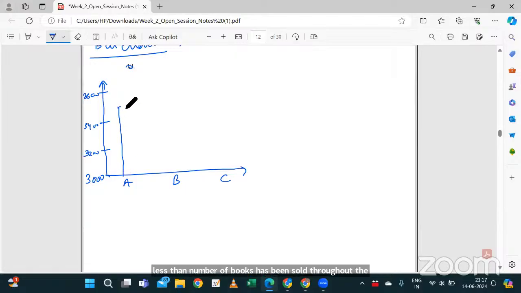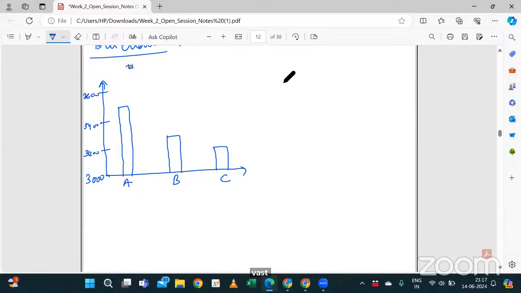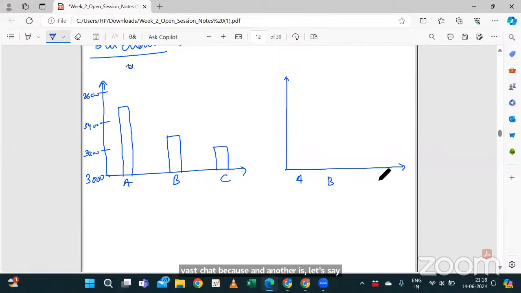I'm just plotting a bar chart for this, and for B, and for C, something like that. So this is one kind of bar chart. And another is, let's say, A, B, and C.